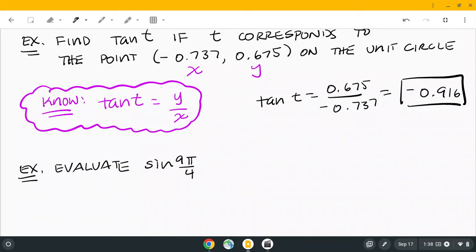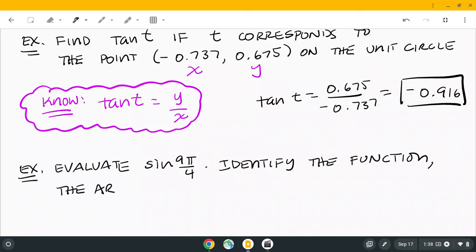But then it'll also say: identify the function, the argument, and the value of the function.